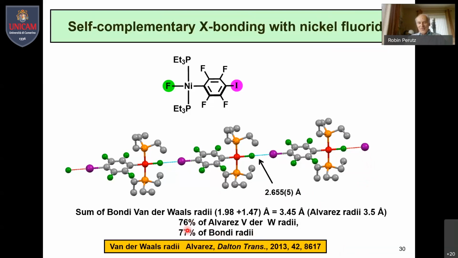And the result is that the distance corresponds to, in one case, 76%, in the other 77%, of the sum of the radii. So that represents a great deal of compression, 23 or 24% compressed compared to what we would expect for van der Waals radii. So this offers good possibilities to build into other crystal engineered structures.